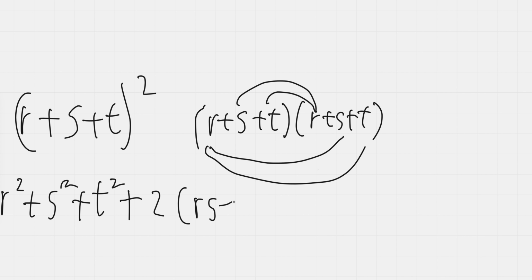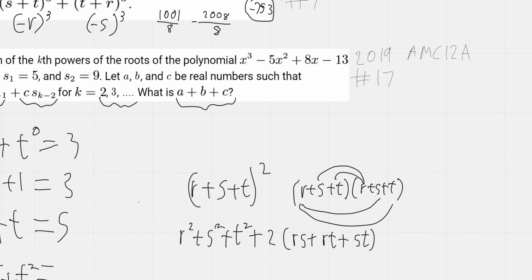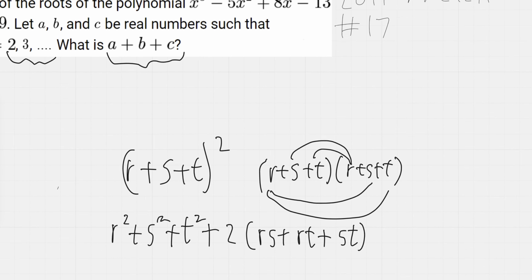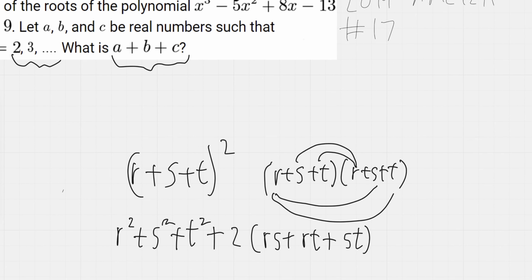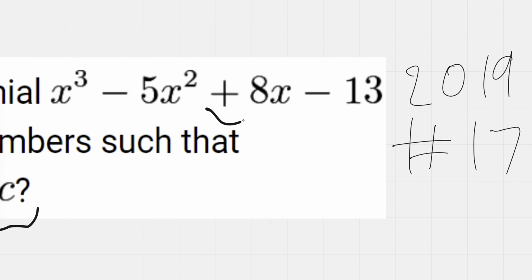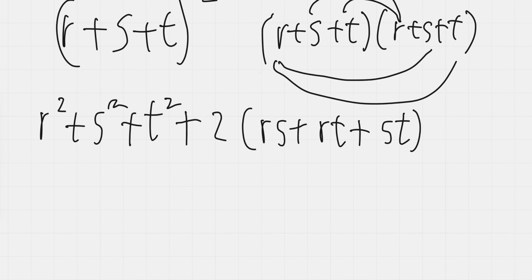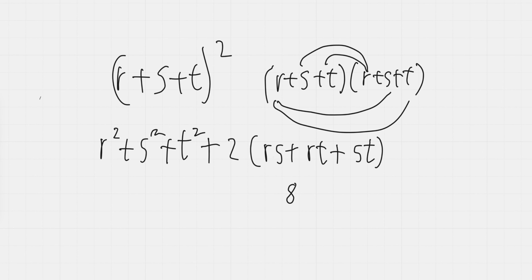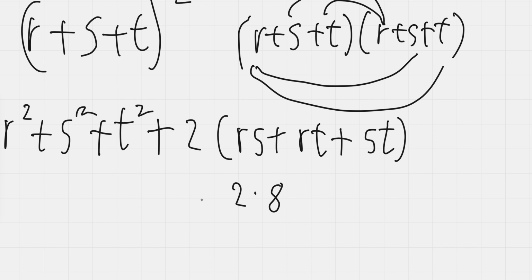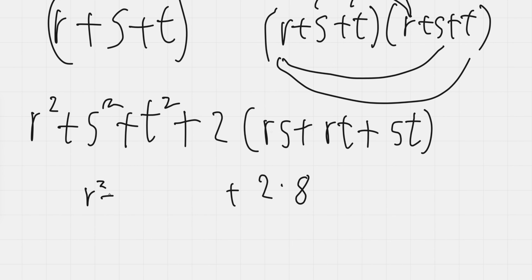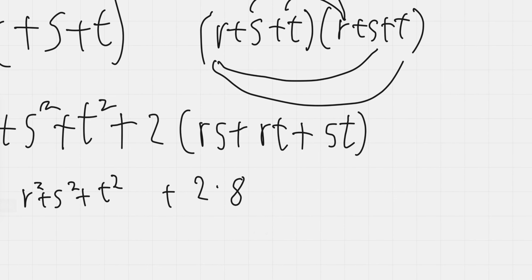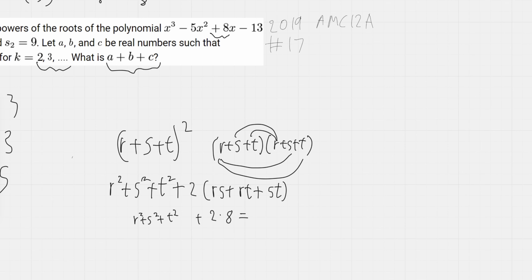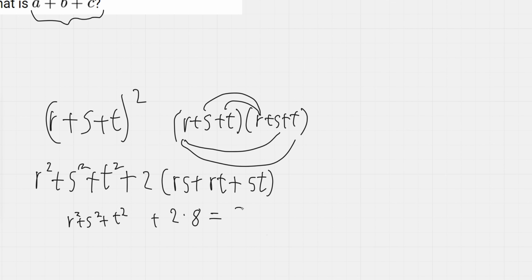So that's rs plus rt plus st. And actually, we know how to find rs plus rt plus st. That's right here. That's 8. And you're going to have 8 times 2 plus r squared plus s squared plus t squared is equal to r plus s plus t squared, which is 25.